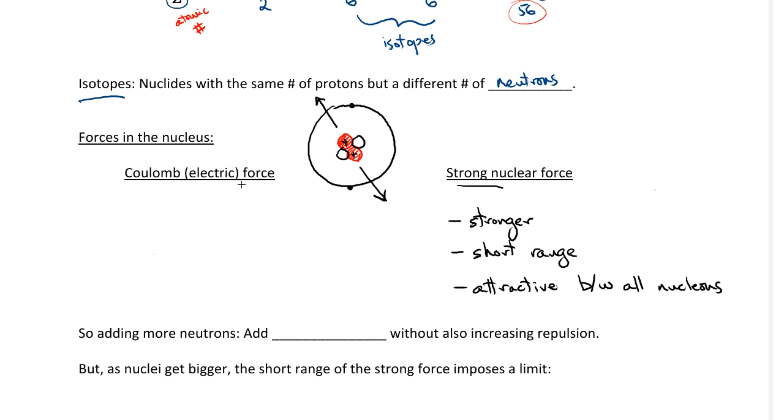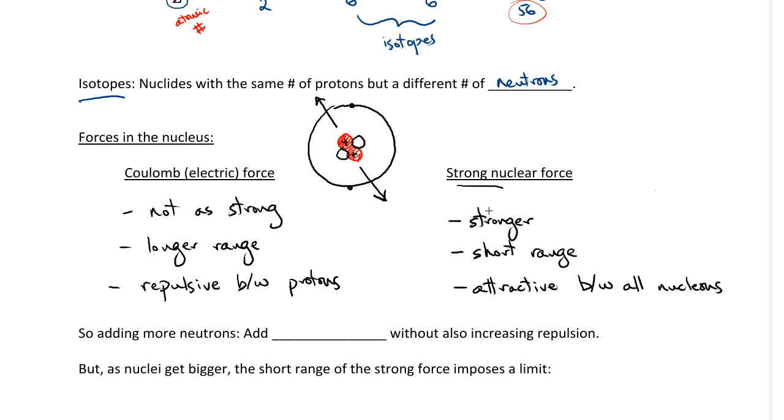In contrast, the Coulomb force, the electric force that is trying to push these 2 protons apart, is not as strong. However, it is a longer range force. It operates over longer distances. And of course, it is repulsive between the protons because they are both positively charged, like charges repel, but doesn't act between neutrons or between neutrons and protons.